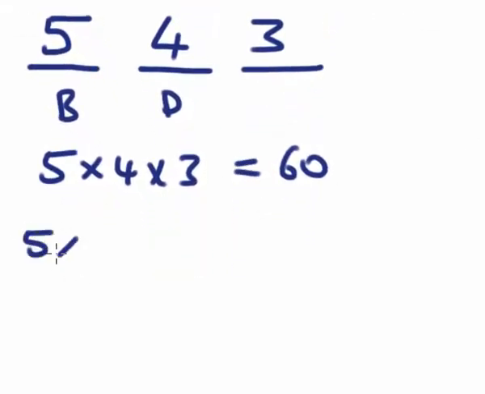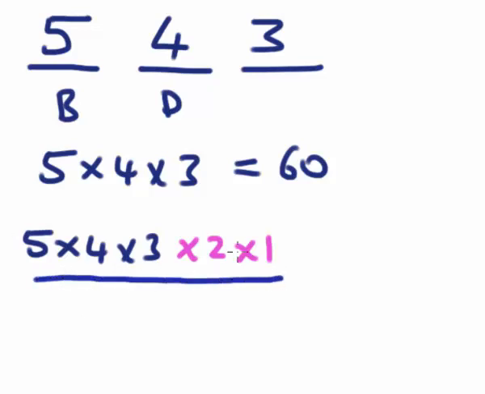Another way of doing this, if you look at 5 times 4 times 3, we're quite used to having the factorial there. So if we multiply by 2 and then by 1, and this is important, we need to divide by 2 times 1 there, so that they cancel.